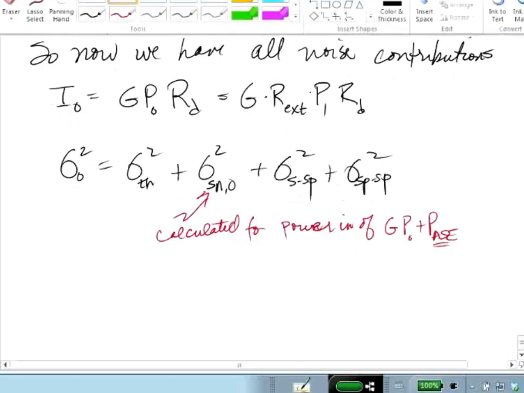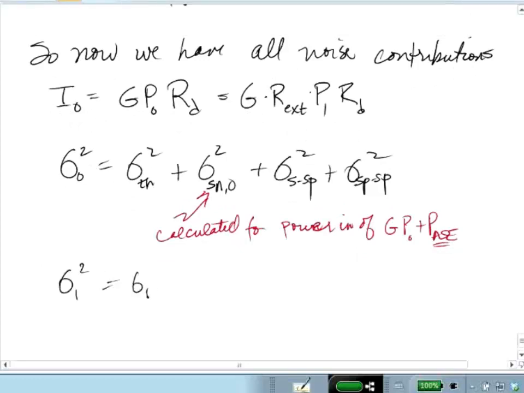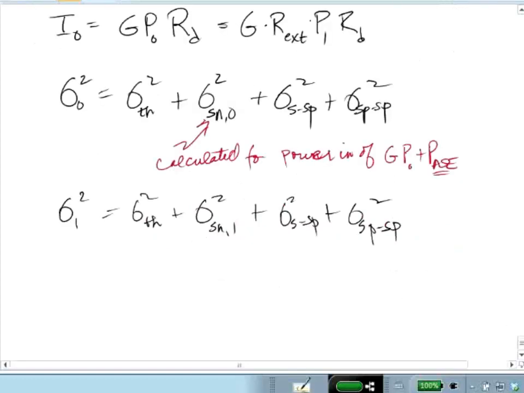And of course, if I have a logical 1, it is very similar, but now all these expressions change because of P1 instead of P0. Again, the shot noise has power in of G P1 plus PASE.